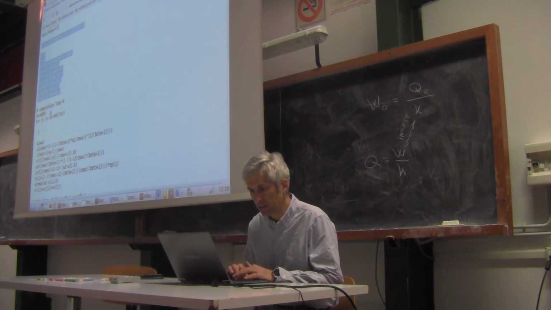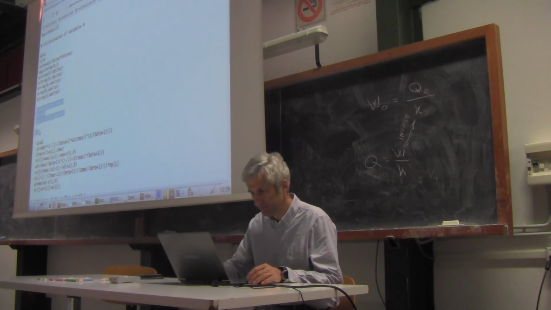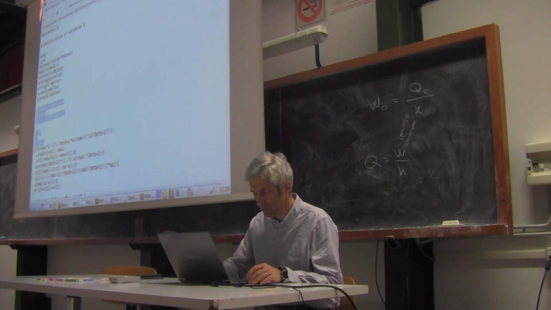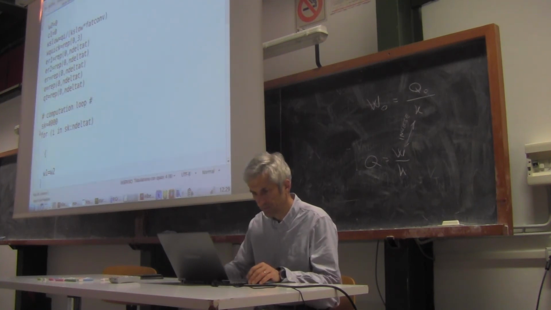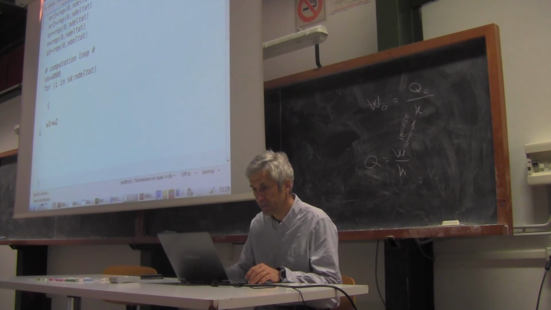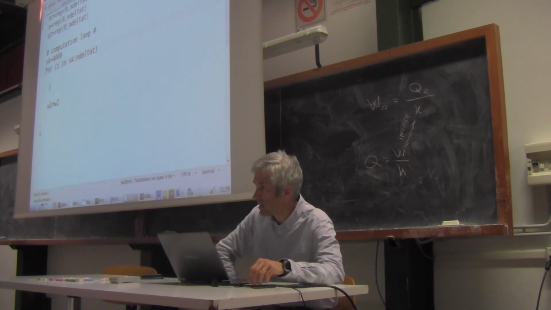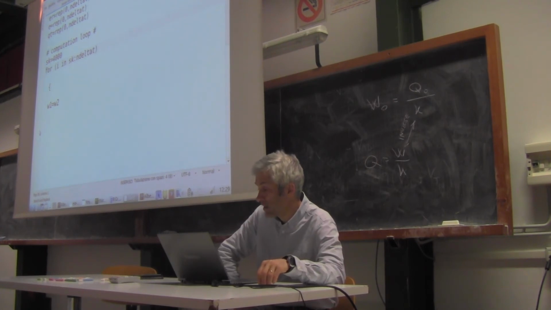And now we have to start the computation loop. Let me copy this up to this first instruction, W1 equal W2. The computation loop is the for cycle. It's a for cycle that is extended for I varying from a variable sk that I need to define to n delta t.